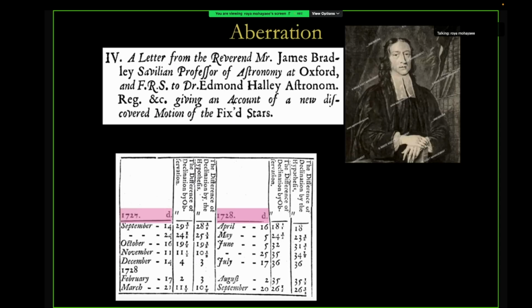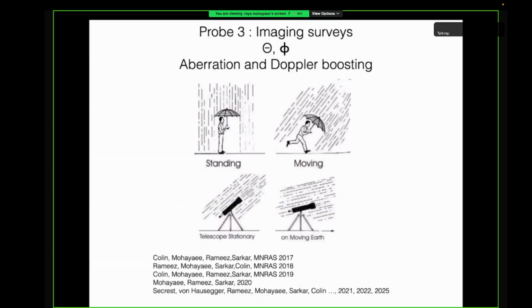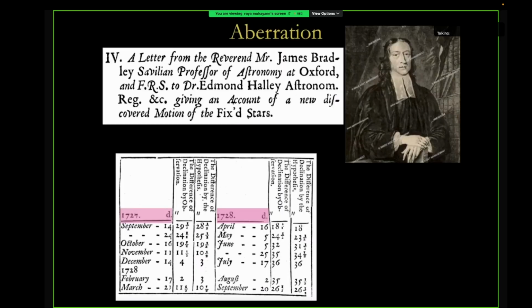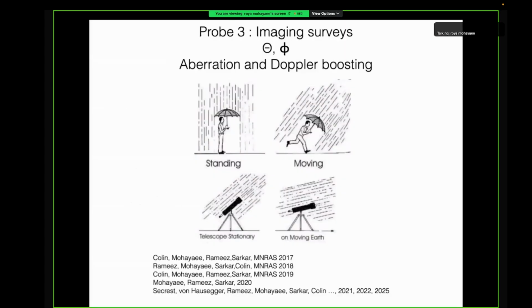So Bradley was looking for that, but while looking for parallax, he found something else. He found something that was 100 times larger than parallax. He was finding an effect that seemed to be related not to the position of the observer, but to the velocity of the observer. And that was the aberration. So aberration was discovered by James Bradley.